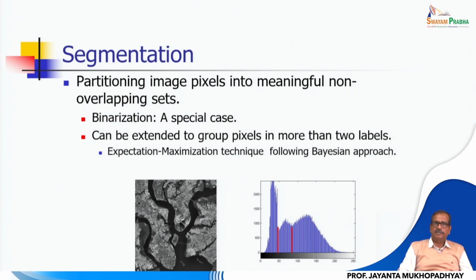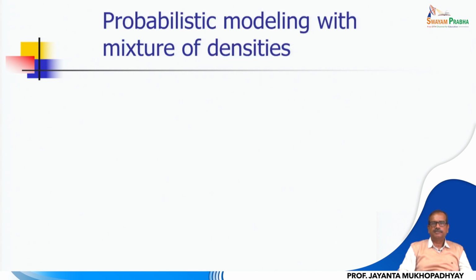But it could be more general, not only two; it could be multiple classes. So segmentation considers the general case, not only binarization but multi-level classification. And as I said, the expectation maximization technique we used for the two-level classes could be extended to multi-level classes. So I will be continuing that example in this discussion.